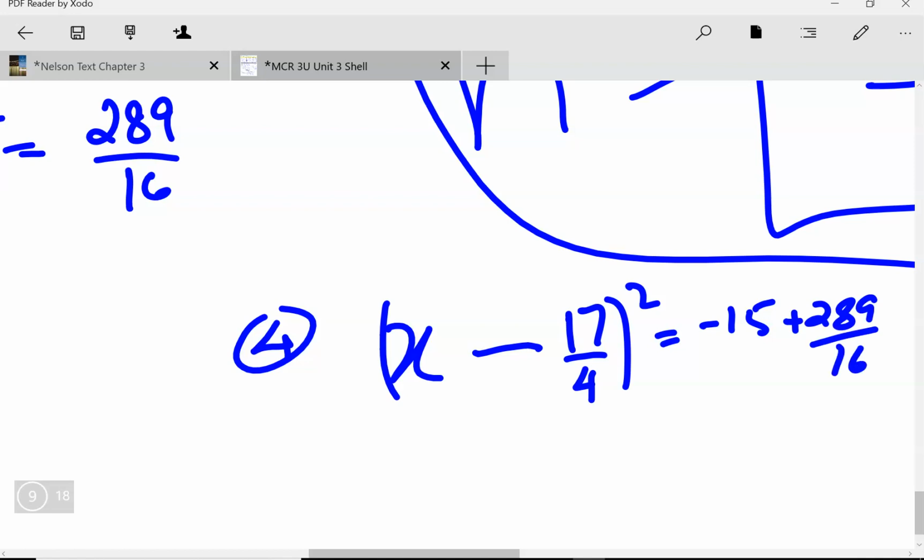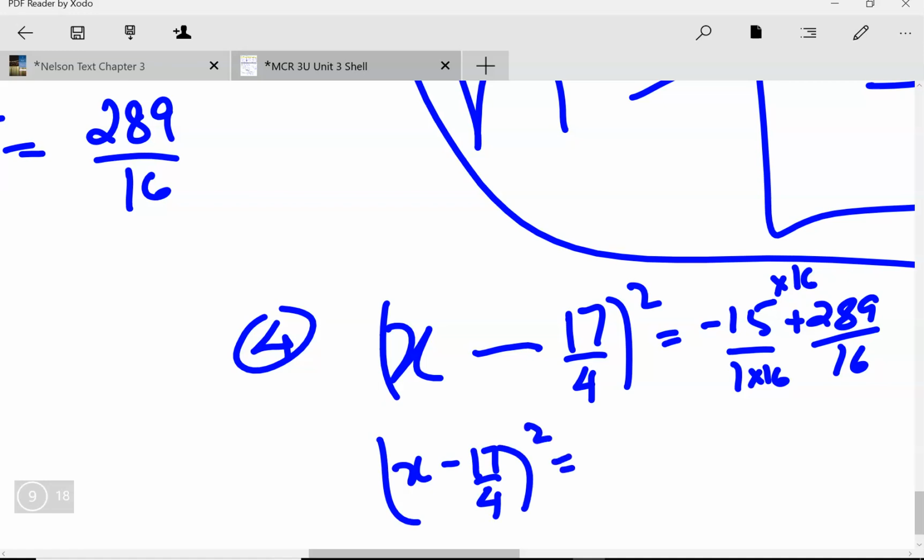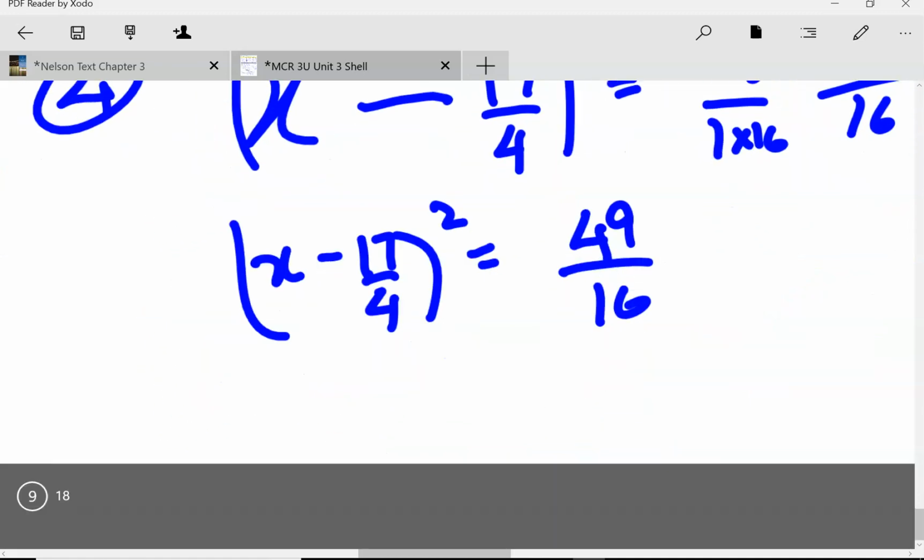I will take a common denominator here, times by 16. Negative 15 times 16 is negative 240, and negative 240 plus 289 is 49. That's lucky. So 49 over 16, because that happens to be a perfect square.